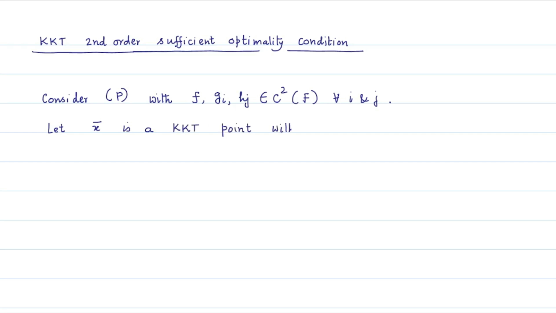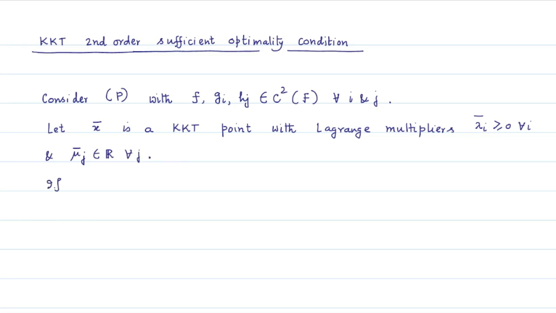with Lagrange multipliers lambda i bar greater than or equal to 0 for all i and mu j bar unrestricted in sign for all j.